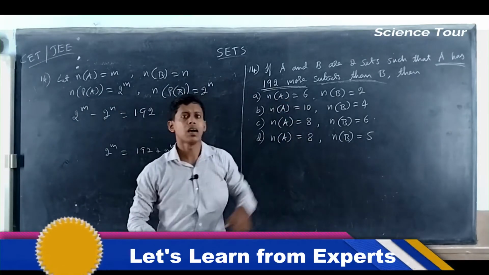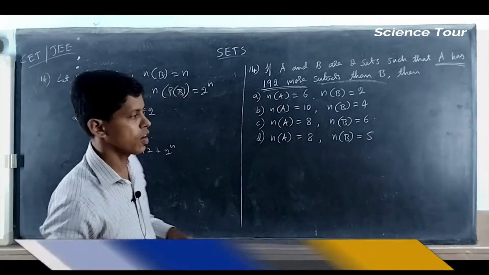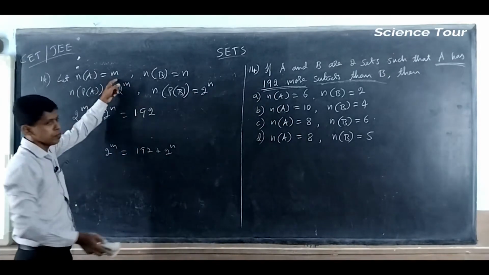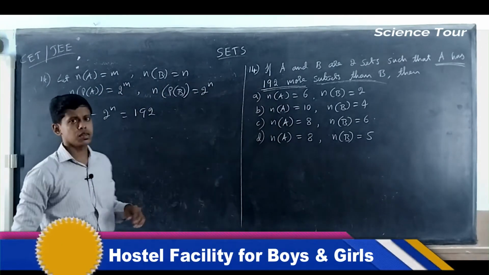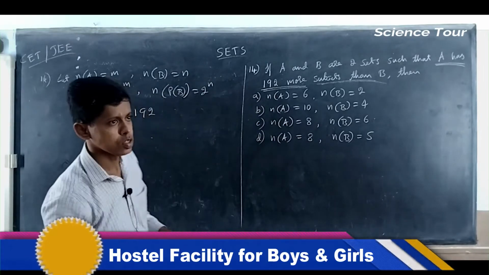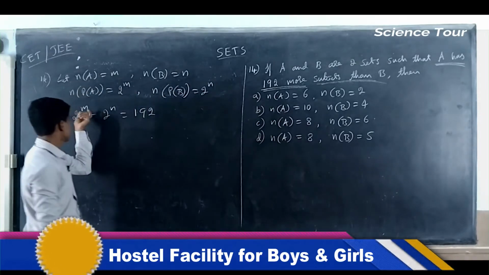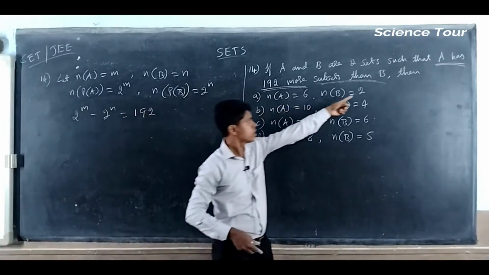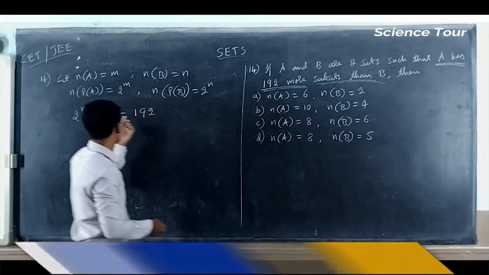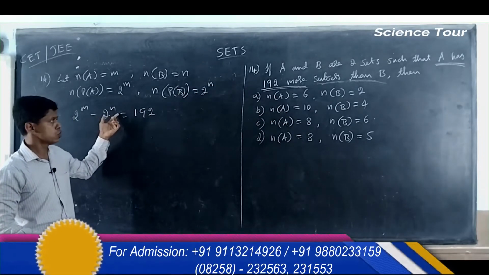So that's what you have in the options. You have to identify the right choice of m and n. You can use the inspection method and find which suits your purpose. So you can substitute m as 6 and n as 2 and find if that is true.